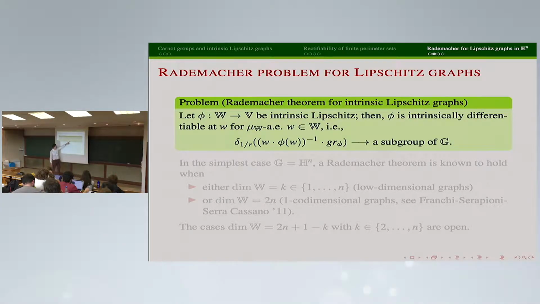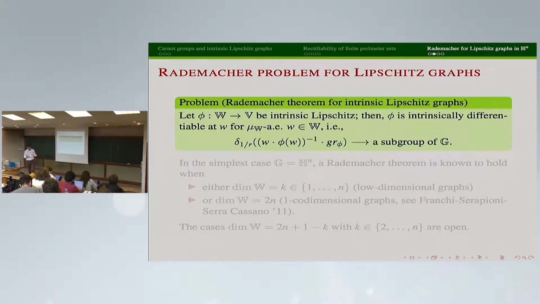Pick the graph of phi, a point on the graph, and translate the graph so that this point goes to the origin, and dilate it. And you would like this blow-up to converge to a subgroup of G. Actually, here I was a bit sloppy: it should be a subgroup which is isomorphic to W, the domain.